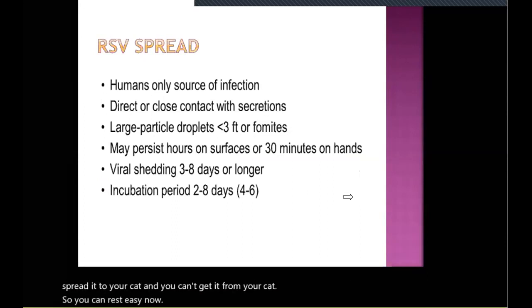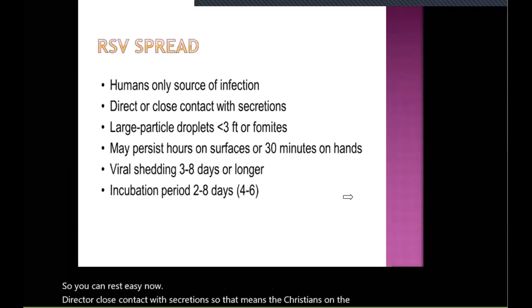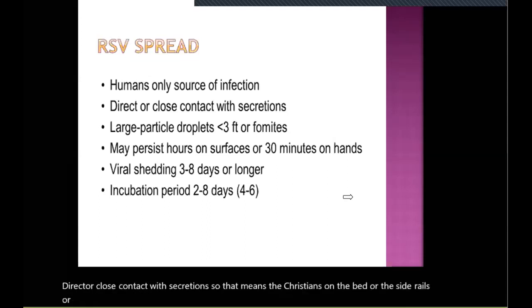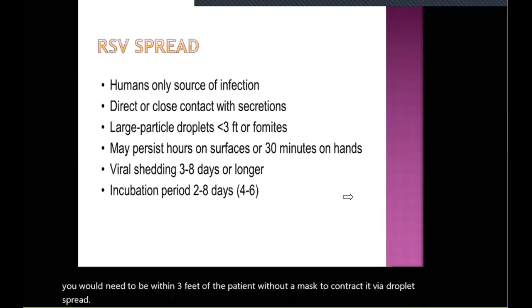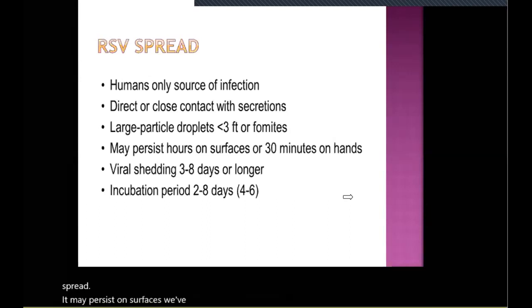Transmission is by direct or close contact with secretions. That means secretions on the bed or the side rails or whatever. Large particle droplets travel less than 3 feet. So as far as droplet spread, you would need to be within 3 feet of the patient without a mask on to contract it via droplet spread. It may persist on surfaces for hours, and we've talked about that, 30 minutes to an hour on hands.